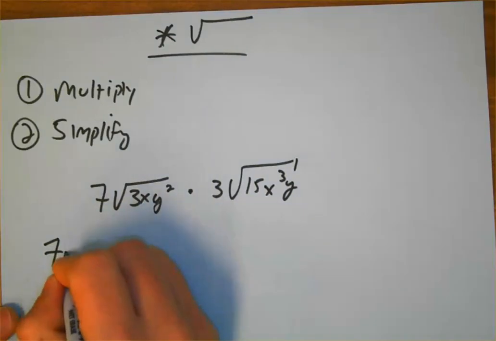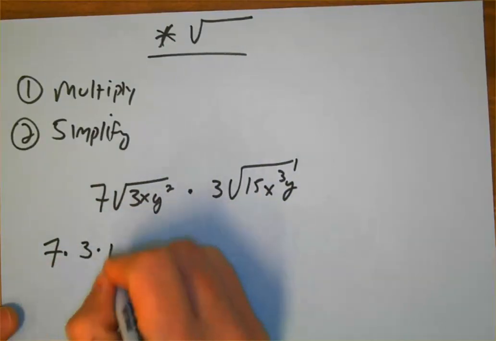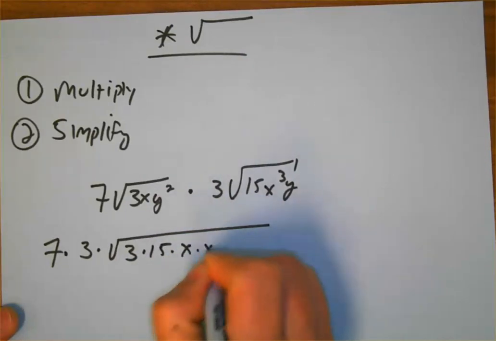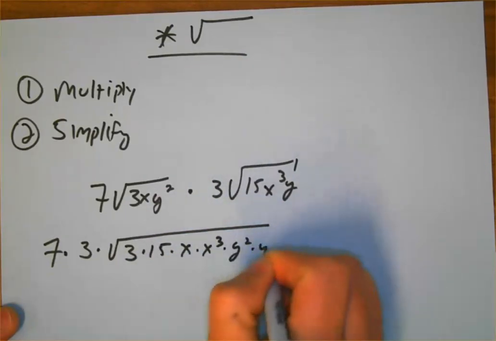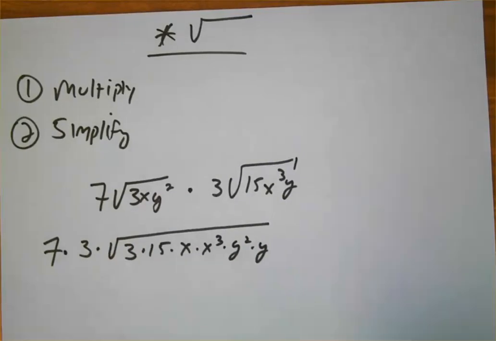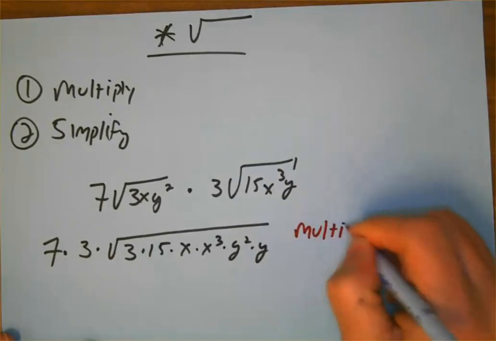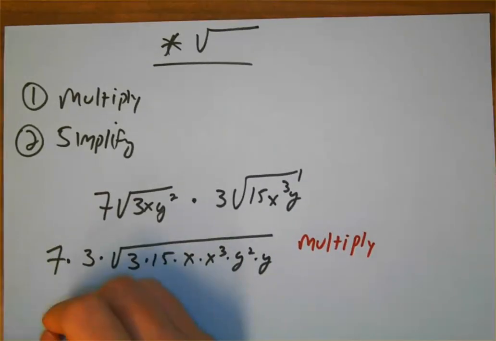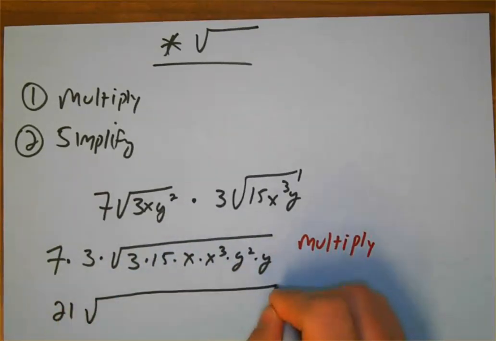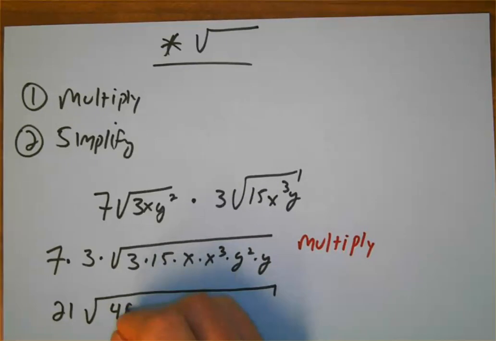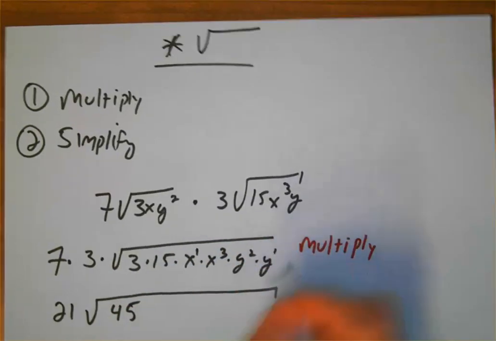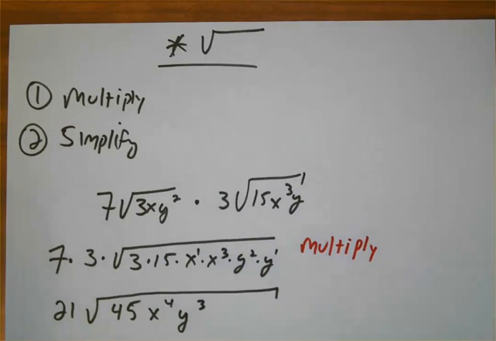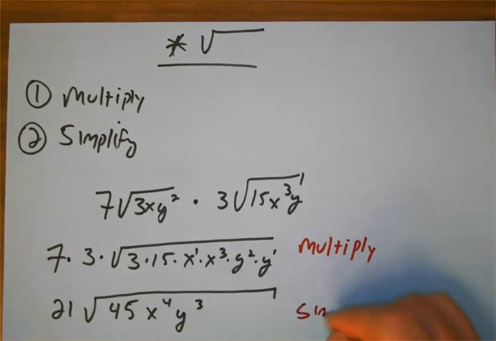I'm going to do 7 times 3, and inside the radical 3 times 15 times x cubed times y squared times y. What's 7 times 3? That's 21. And 3 times 15 is 45. And then x to the fourth y cubed. And now we simplify.